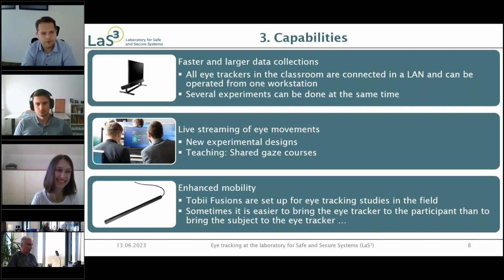And the other thing, which Lisa especially has done in the past for her master thesis, was that we did several experiments at the same time in the classroom. We just used 3 or 4 eye trackers and we just switched participants. So we just shared them and they moved around. When we had finished at the first eye tracker, we went to the next experiment. This is also one of the things which really helped us to get a lot of participants in a short time.